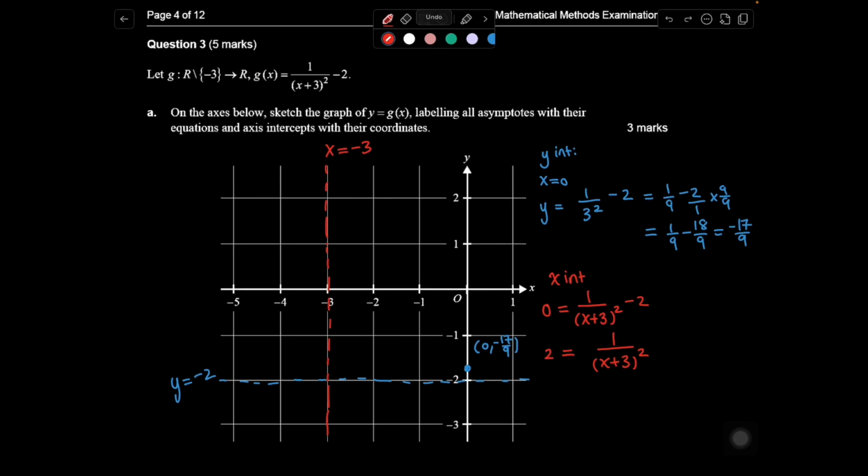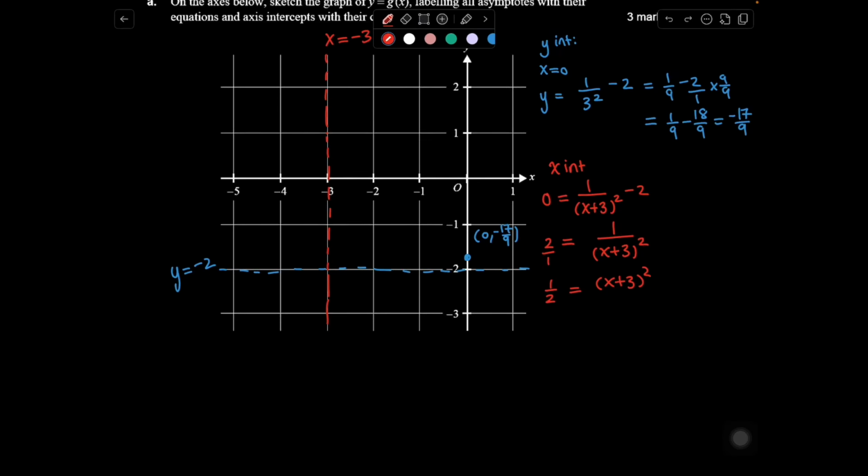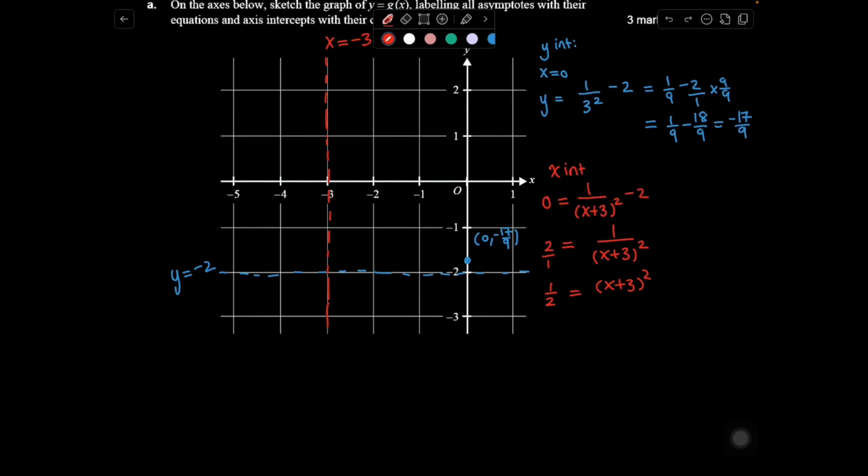So by flipping this, remember this is like that, that gets us 1/2. And then this gets us this. You don't need to write the 1 on the bottom. Then what you do is square root both sides. So by square rooting the left, you get plus or minus square root of 1 is 1, and then square root of 2. Remember the plus or minus whenever you square root.